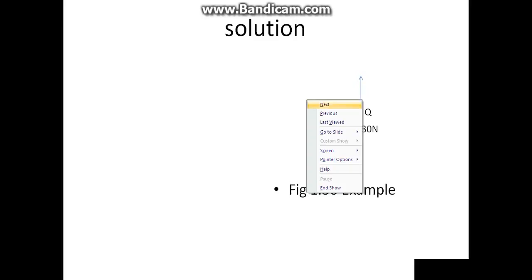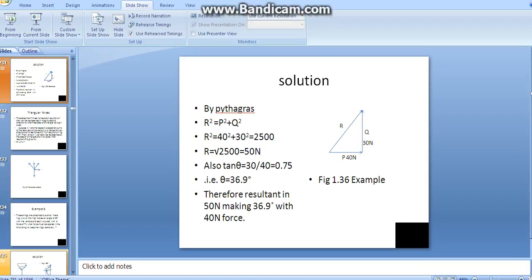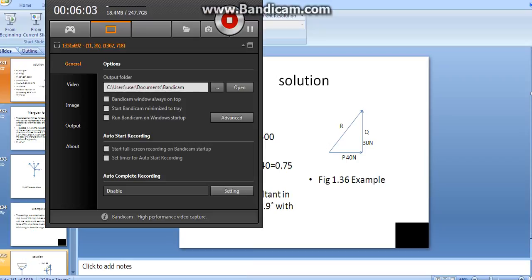We have to get the resultant R. From Pythagoras theorem, the square of the hypotenuse is equal to the sum of the squares of the other two sides. R squared is equal to P squared plus Q squared. R squared is equal to 40 squared plus 30 squared, which is equal to 2500.